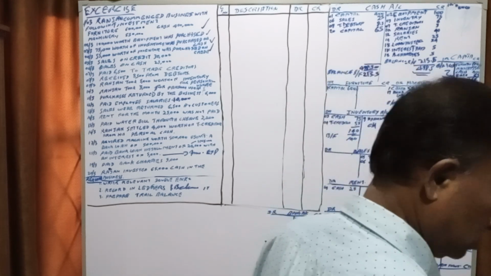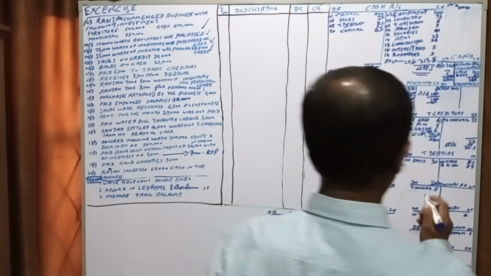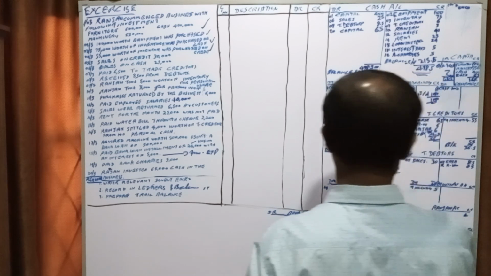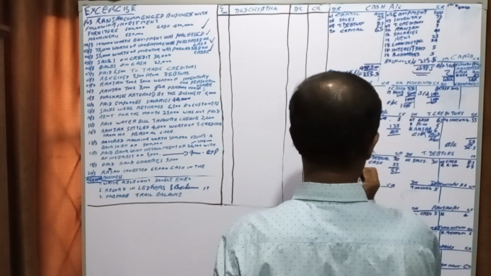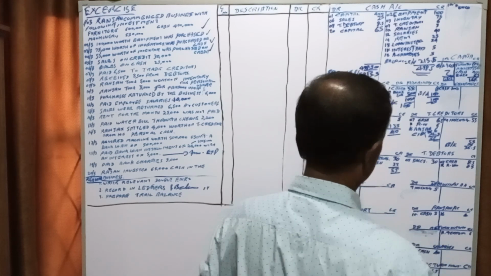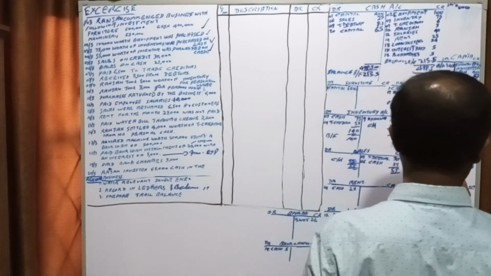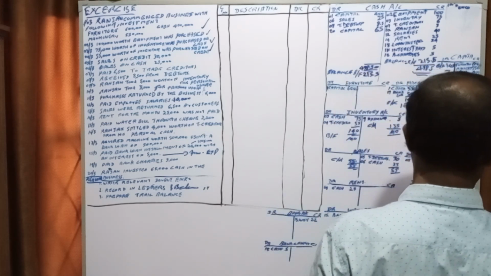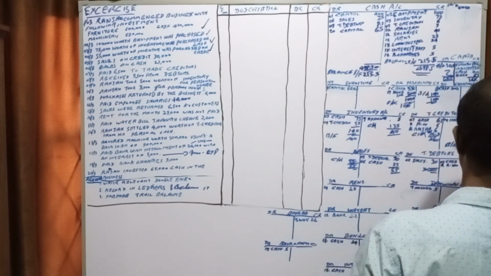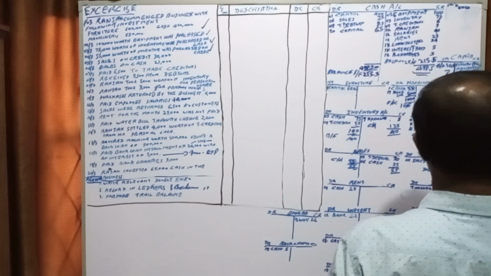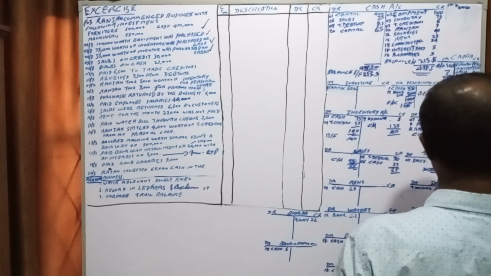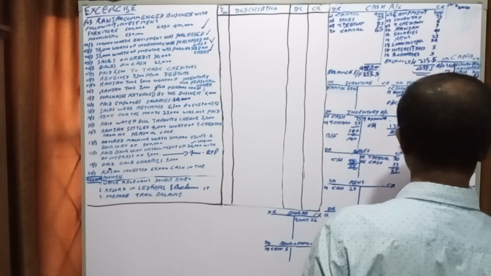Other matters here: 55,000 carried down, 55,000. Here is 30,000, and 15,000 is carried down and brought forward.